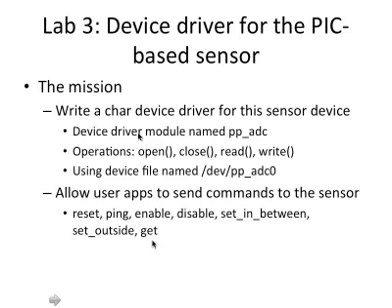But we're going to send these commands by writing to this special file. And for some of them, for example, if we want to get data, we will read this file. So that's the overall picture. That's what we want to achieve in Lab 3.